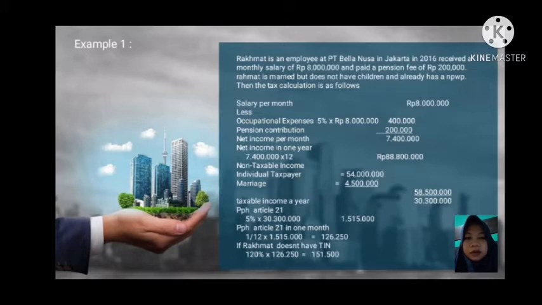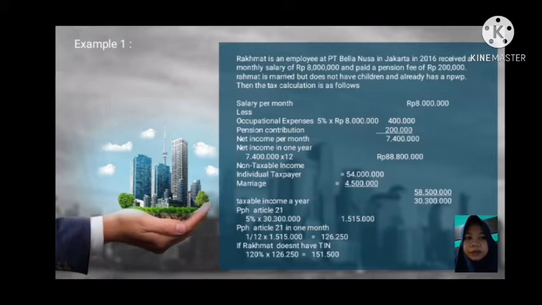After that, we deduct it, we get net income per month. To know the net income in 1 year, we should multiply it by 12. 12 multiplied by 7,400,000.